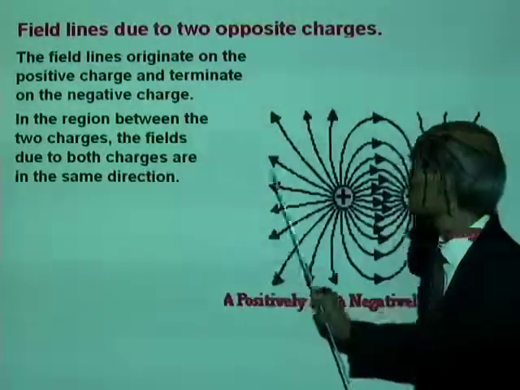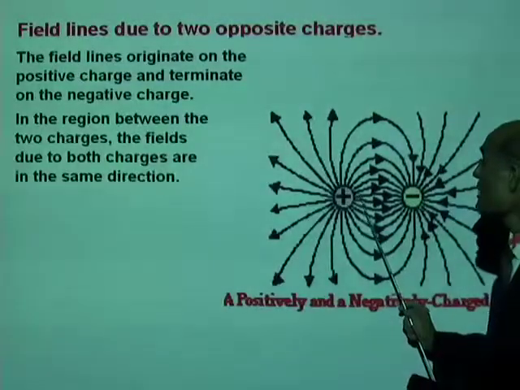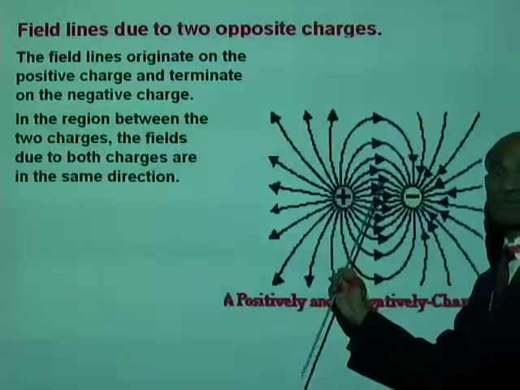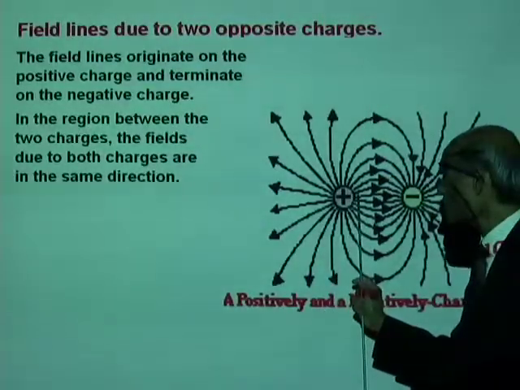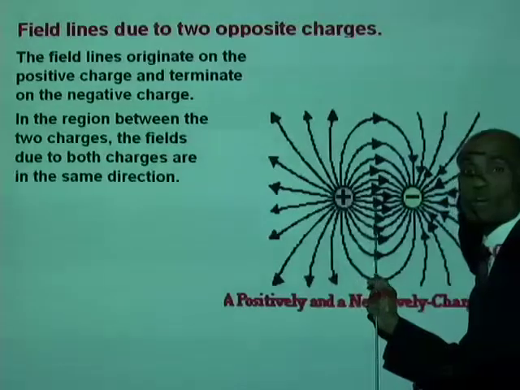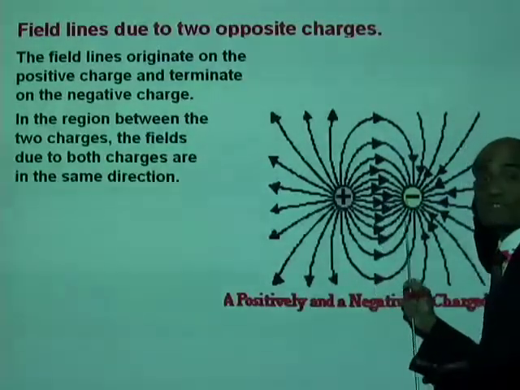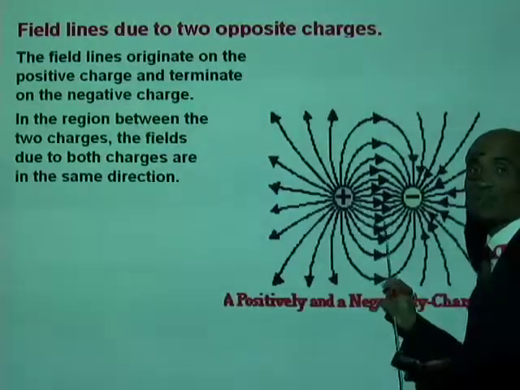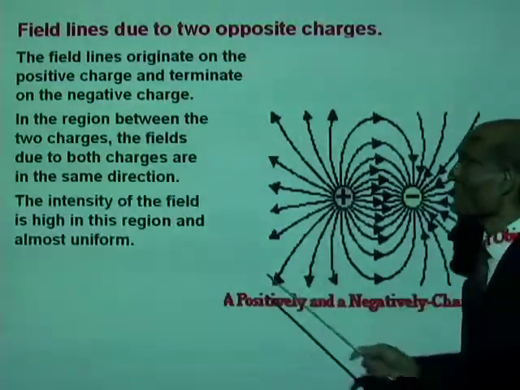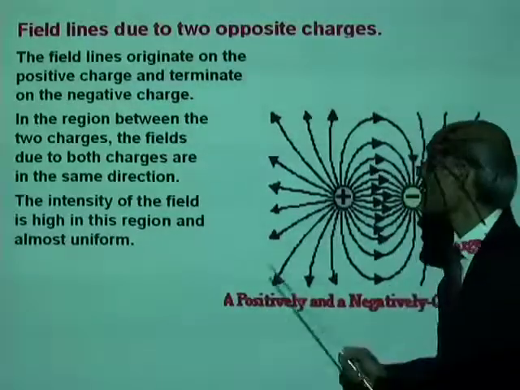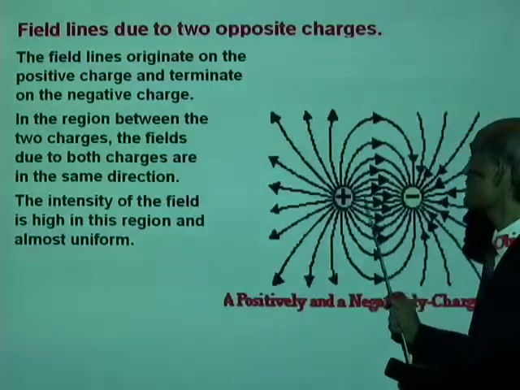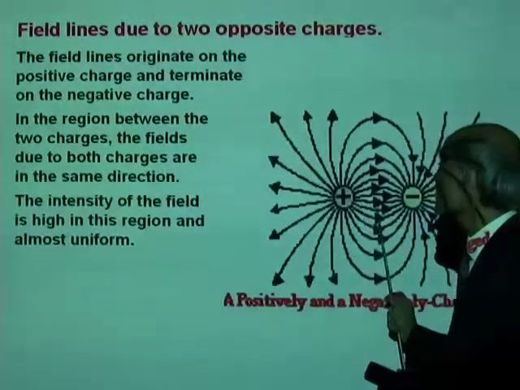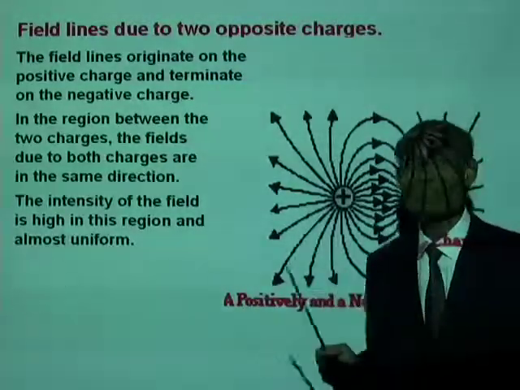In the region between the two charges, the field lines due to both charges are in the same direction, because the positive will push the test charge away, the negative will attract. So look at the direction of the field lines in between there. The intensity of the field is high in this region. The field lines are very close there, and so the strength of the field will be very high in between the two charges.